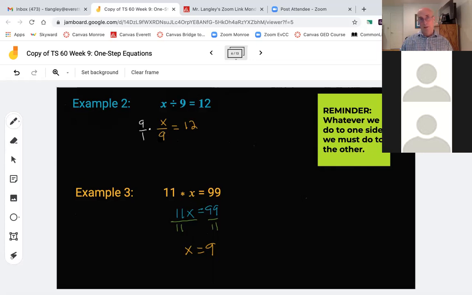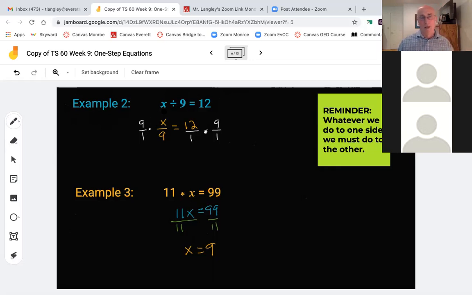These two cancel out, and I'm going to have x over 1, or just x. So whatever I did to that side, I'm going to do times 9 over 1. Just go ahead and copy it, and then we'll slow down and digest it a bit.